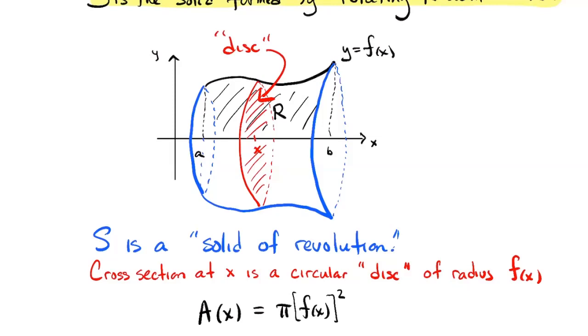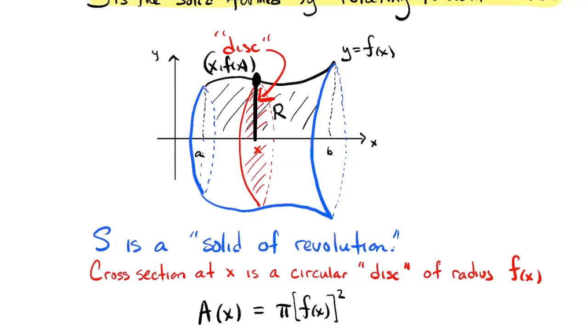The area of a circle is pi times the square of its radius. The radius depends on x. It's precisely f of x. If you plug an x in there, the height of this point is the y-coordinate, the point x comma f of x, on the graph of that function. So the area of the cross-section of the solid at x is pi times f of x squared, the area of a circle of radius f of x.